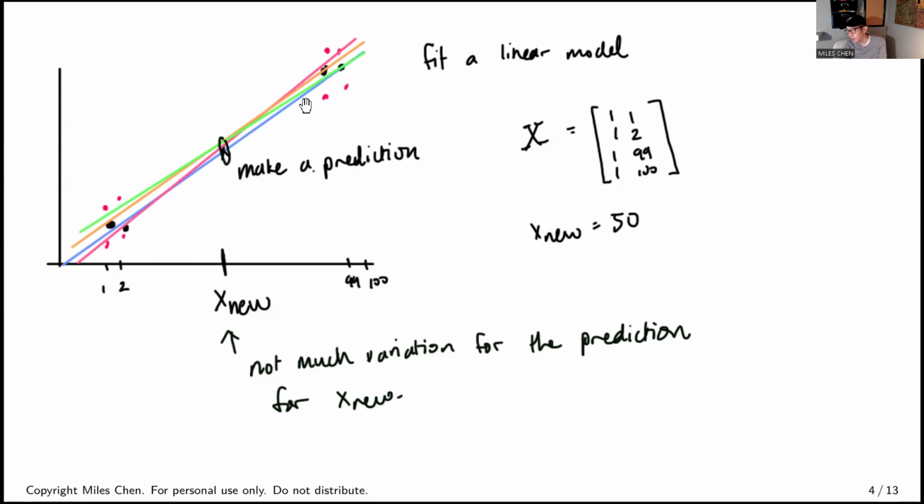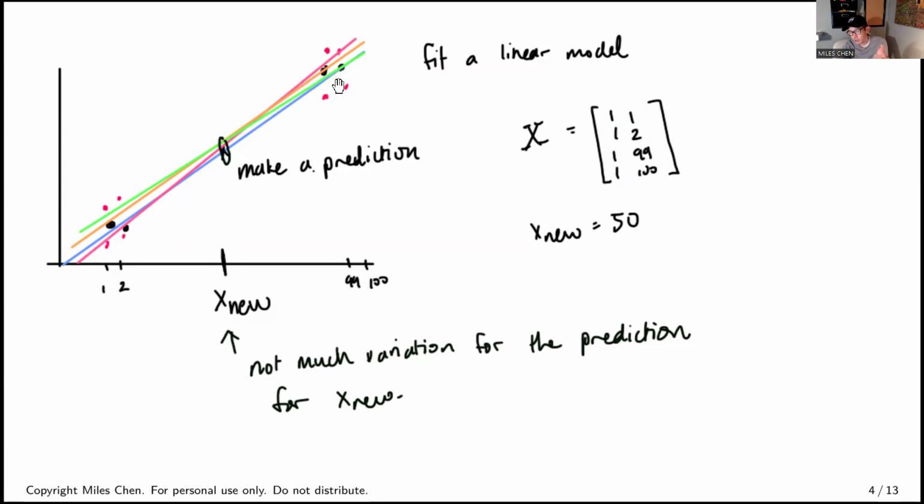My values of x aren't random. They are 1, 2, 99, 100, but the actual associated dots are random. They exhibit some variation. So based on the ones I get, maybe I fit this blue line.